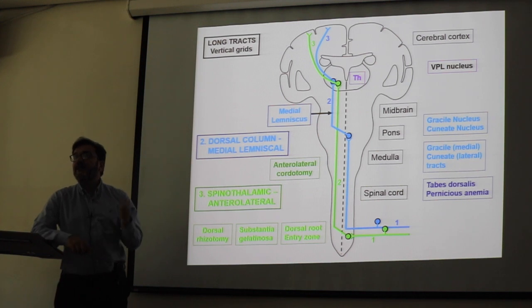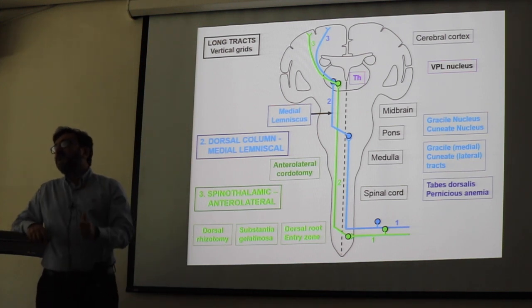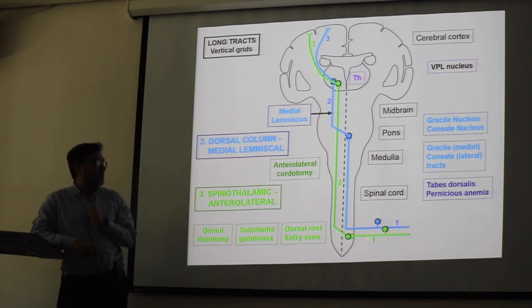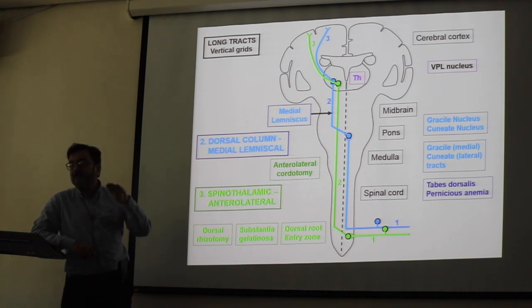So you would have ipsilateral loss of two-point touch discrimination, vibration, and conscious proprioception, while if half of the spinal cord is damaged, below the level of the lesion you would lose contralateral pain and temperature, because the spinothalamic tract is going to cross at the spinal cord level.